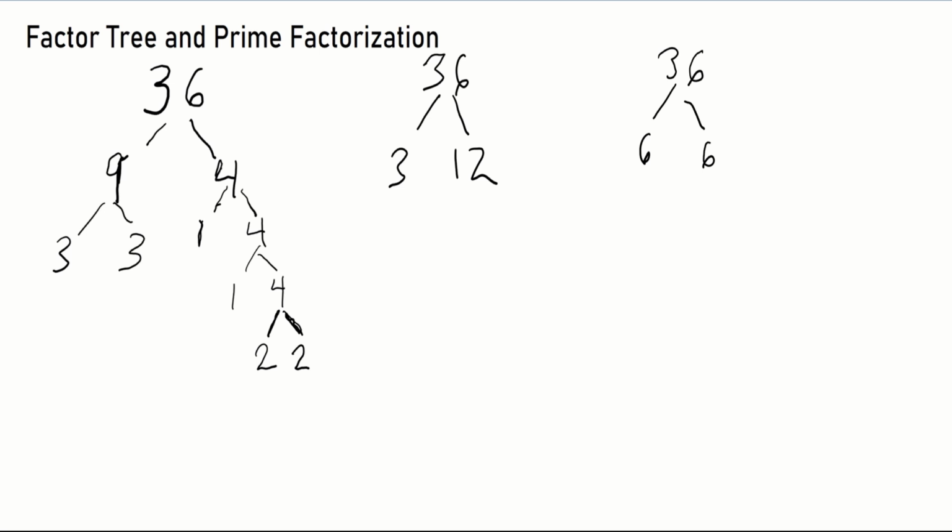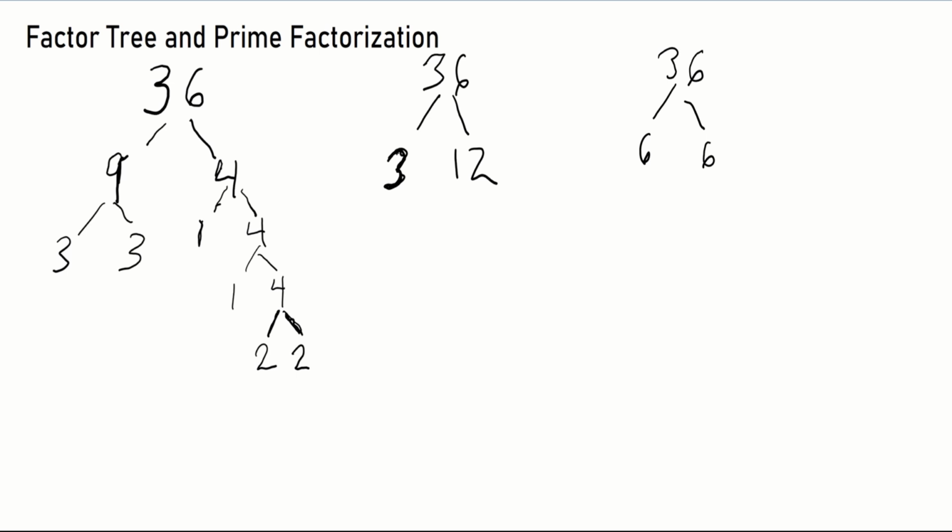Let's look at this other tree. 3 we know is already a prime number, so we can leave this as is. And for 12, we can write a pair of factors.